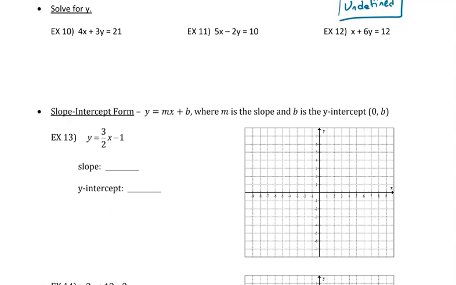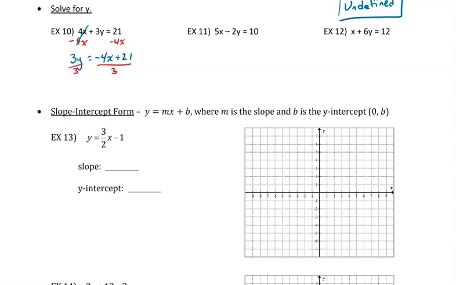So for this first one, if we want to solve for y, first thing we do is move the x to the other side, because we want y alone, so we don't need x over there. So we're going to have 3y equals negative 4x plus 21. Last, we'd have to divide by 3.